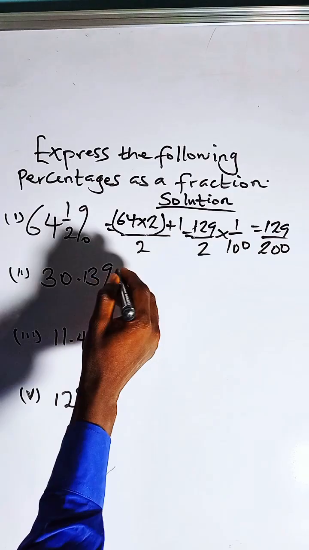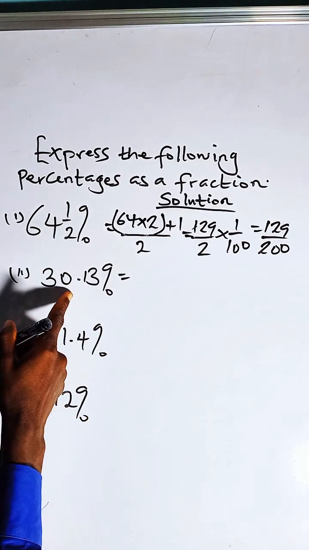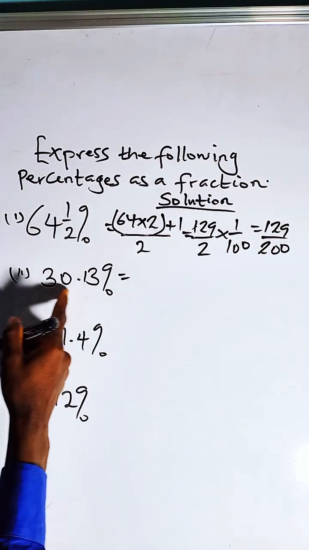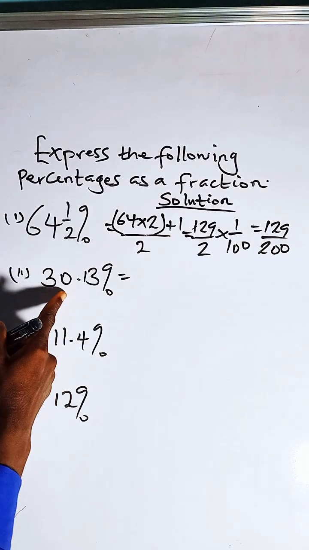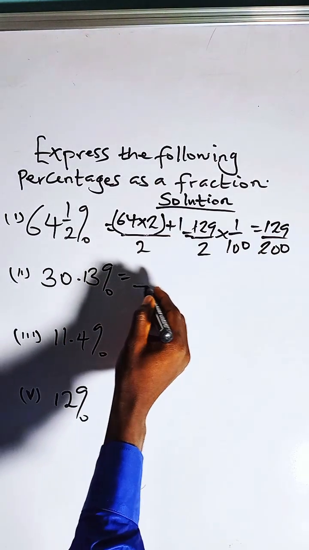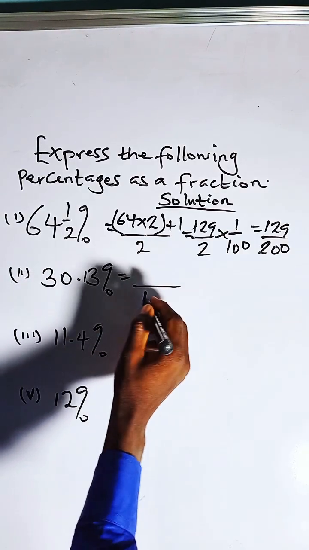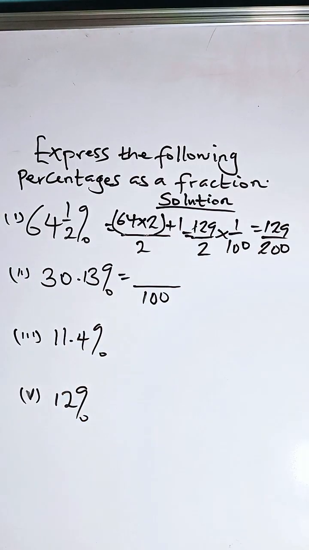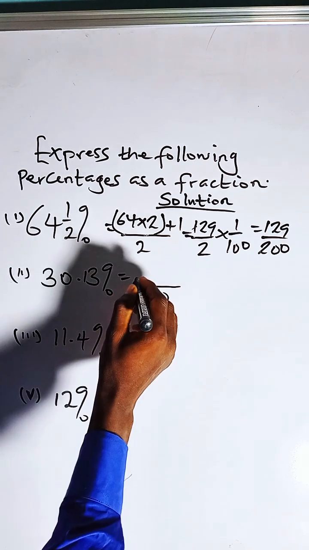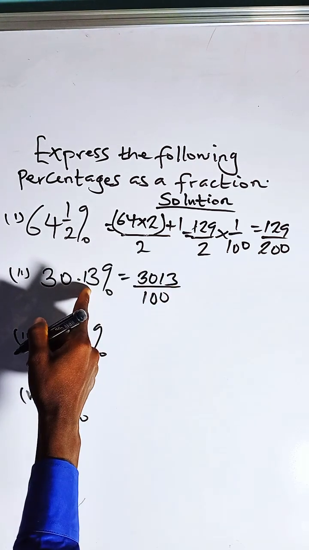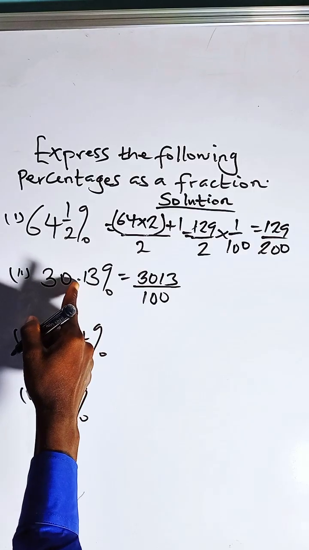For the second one, we have 30.13%. So for the decimal number, let's try to convert this to a fraction. So when we do this, we have a straight line. This turns to 1. So we have 2 zeros. Okay. So here we have 3013 at the numerator, excluding the point.